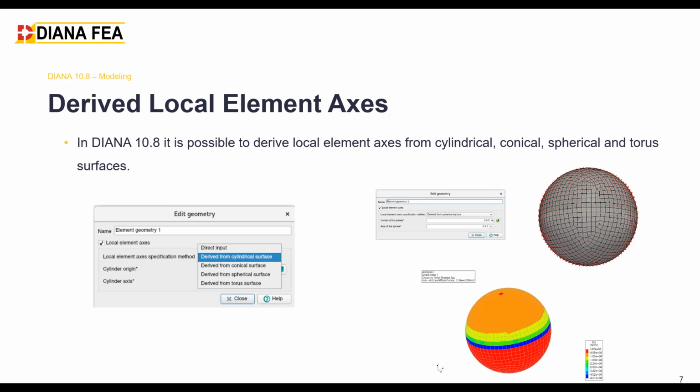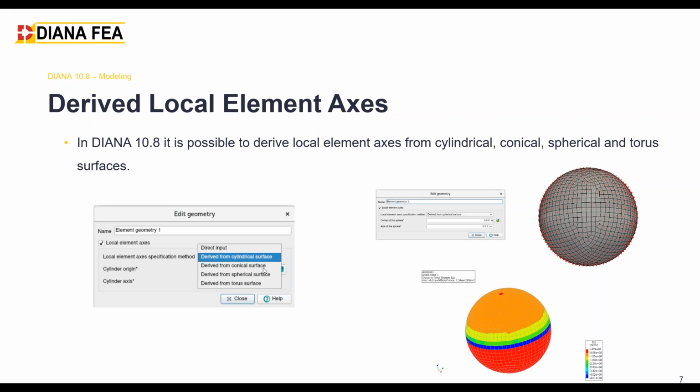Now it's also possible in 10.8 to derive local element axes from cylindrical, conical, spherical, and torus surfaces. So next to the direct input option, you can choose one of these systems.